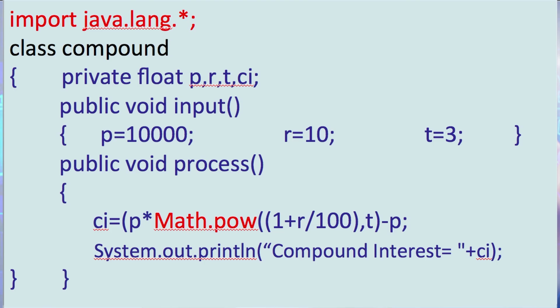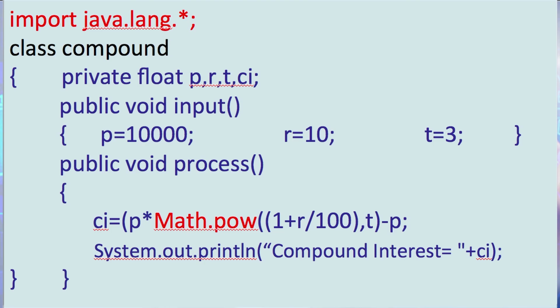So p is principal amount, r is rate of interest, t is time, and ci represents compound interest. So we are calculating compound interest by this program. All 4 variables are float type, and their access specifier is private. So we can define a variable as private or public inside the class. For security purposes we define variables as private.